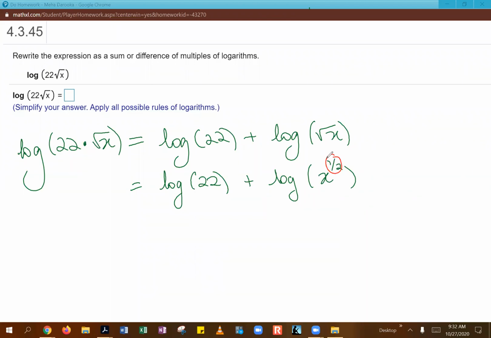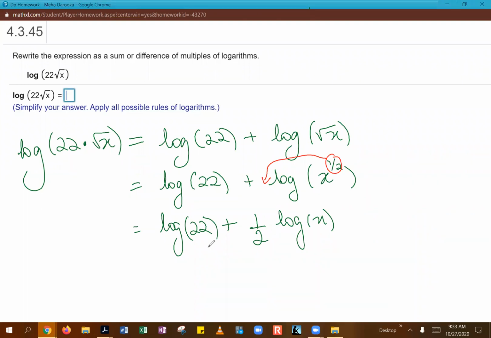So bring that 1/2 in front of its own logarithm. So log of 22 plus 1/2 times log of x. Okay, so simplify it all the way through, and this is what you should end up with.